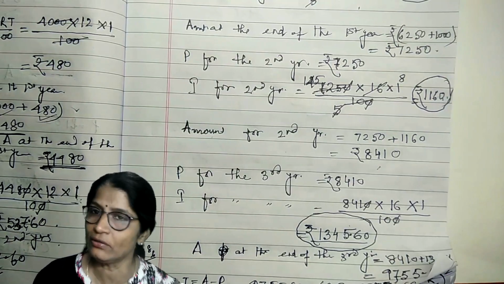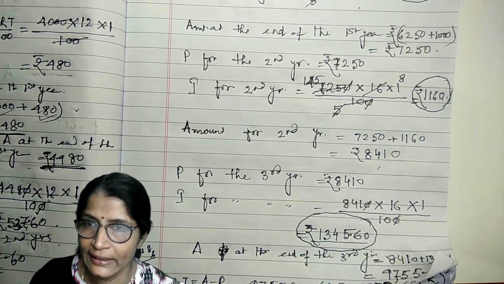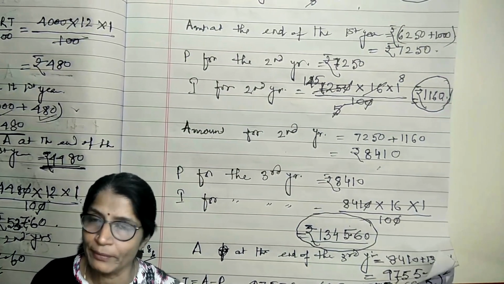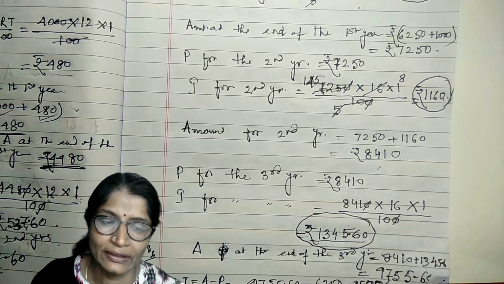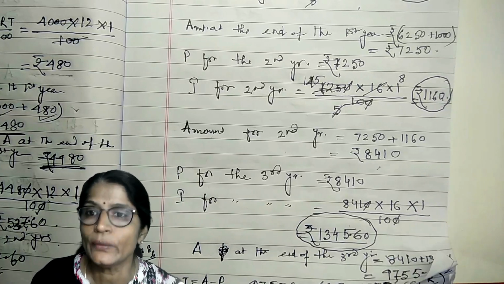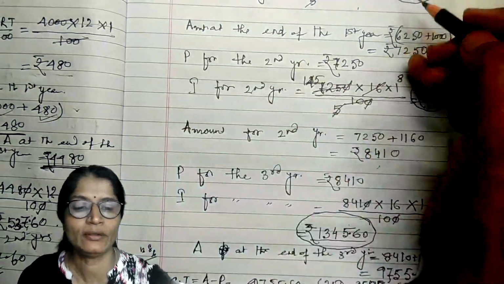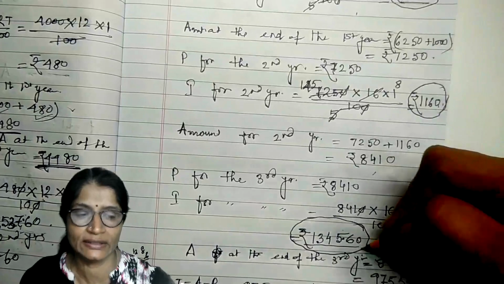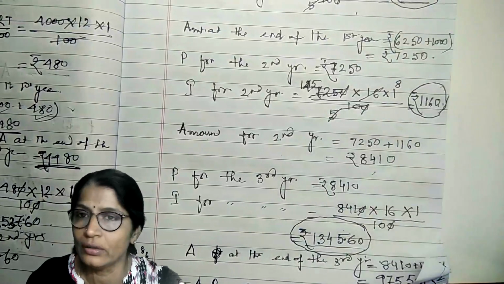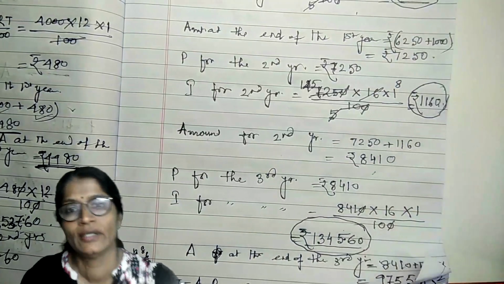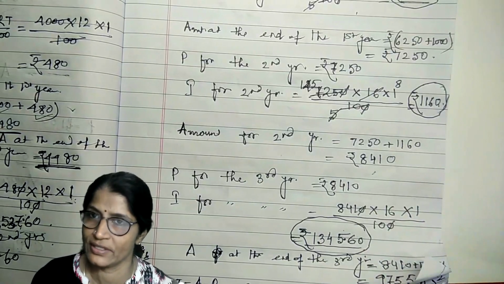Either you find out the total amount at the end of the third year, and from that you subtract the original principal, you will get the compound interest, or you can calculate whatever interest you have obtained in the first year, second year and third year successively, add all three together, then you will get the total compound interest, the same.